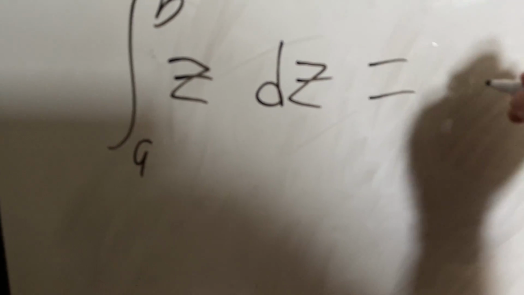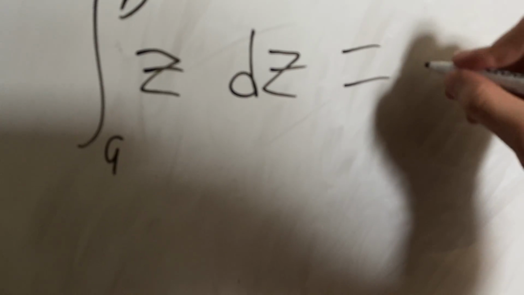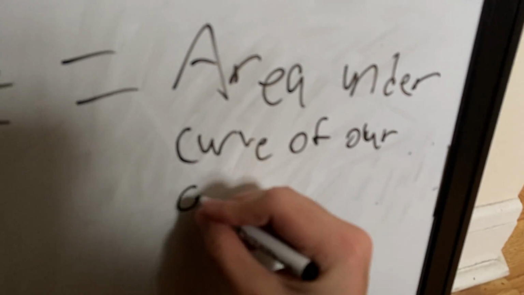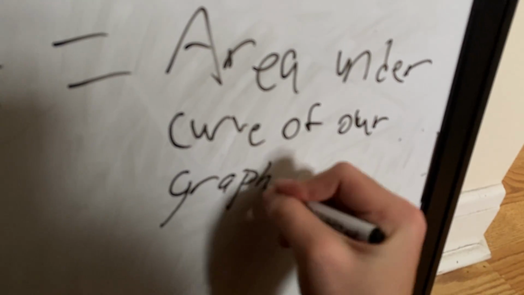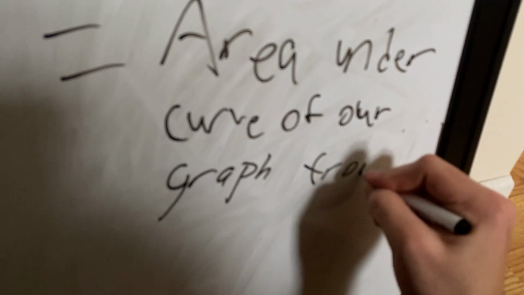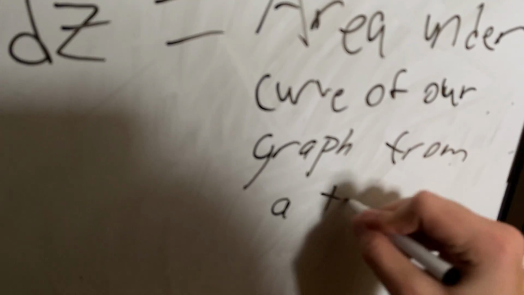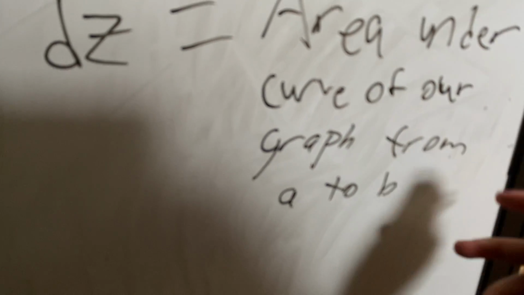With respect to z is simply going to yield the area under the curve of our graph from a to b.